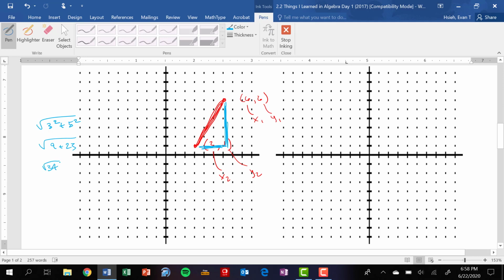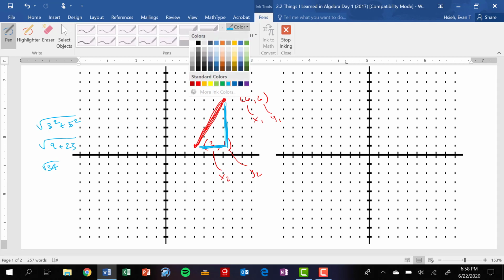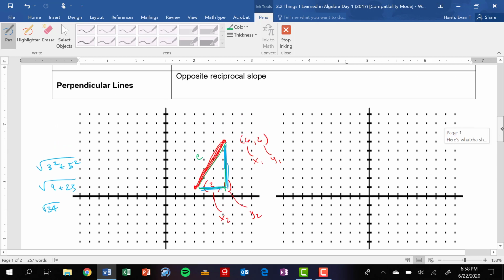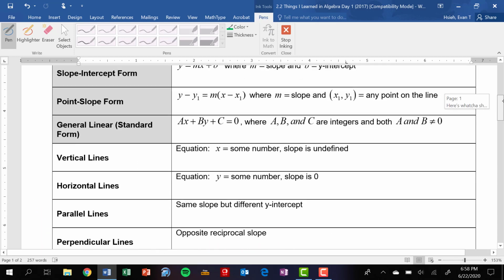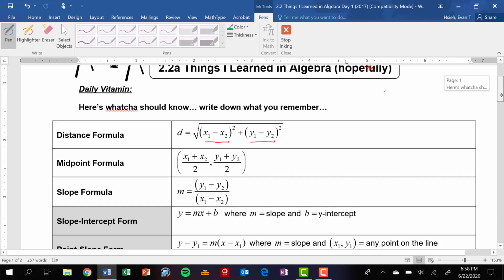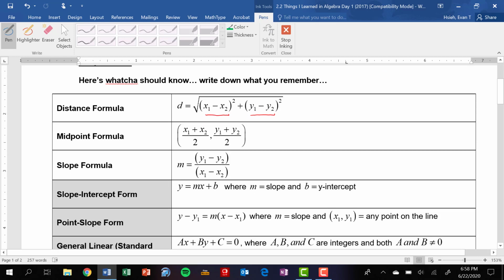And if you think back to your geometry from past years, this is basically the Pythagorean Theorem, right? You've got a squared plus b squared equals c squared, and you're basically solving for c here. So as we go through the book, if you forget the distance formula, it's the same thing as doing the Pythagorean Theorem.